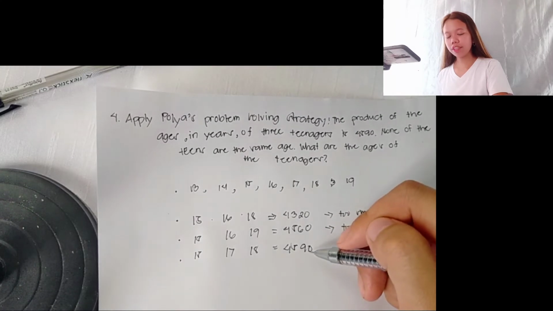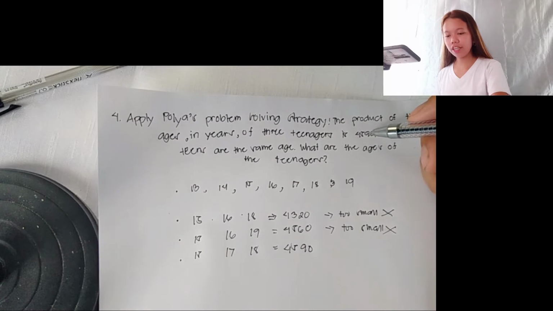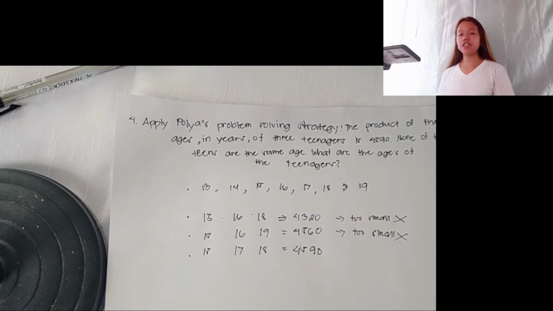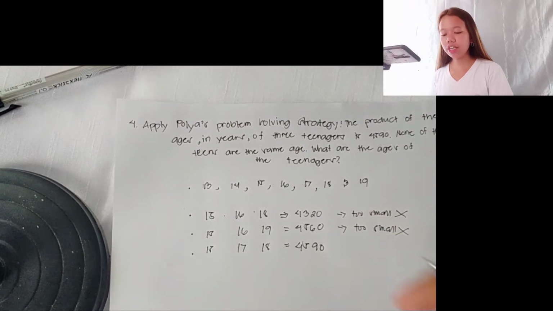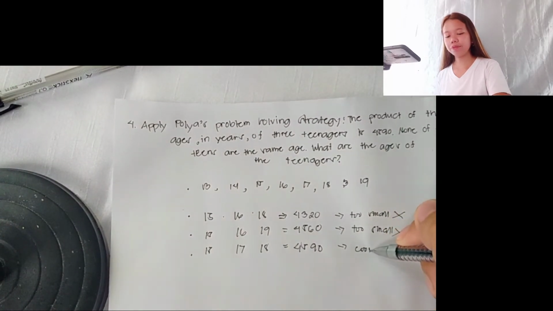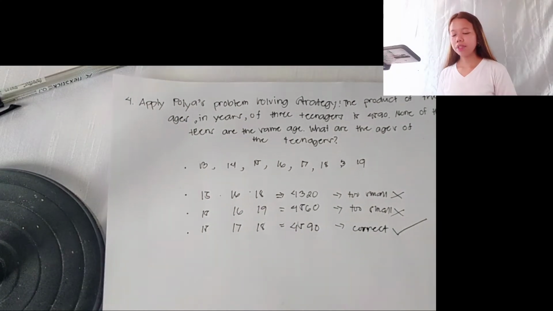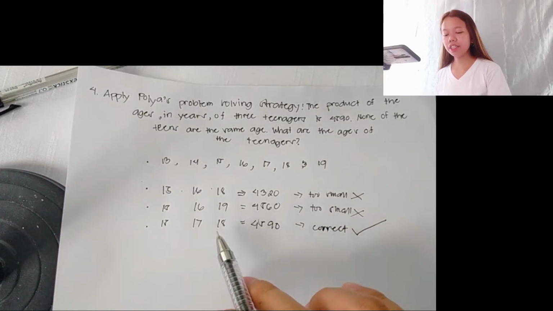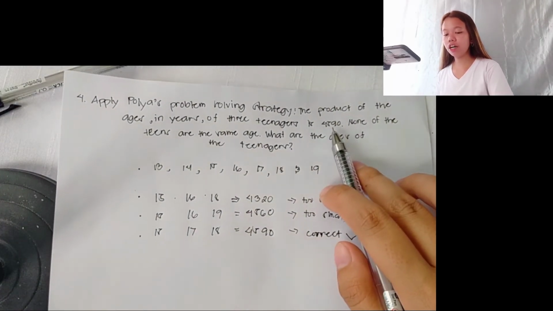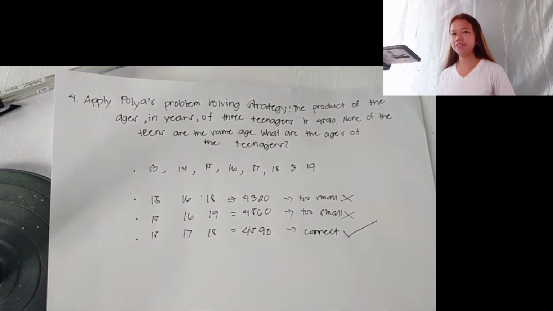So 4,590 is the same as the given 4,590. So the 3 ages of the teenagers are 15, 17, 18. So this is correct. Because if we multiply 15, 17, 18, the answer is 4,590, which is the product of the 3 teenagers. So the 3 teenagers' ages are 15, 17, and 18.